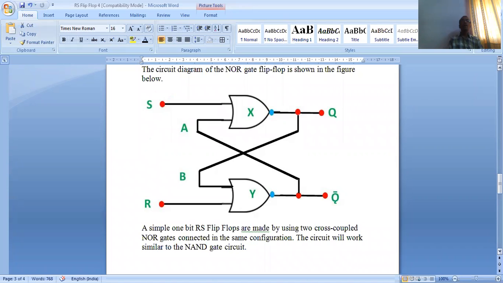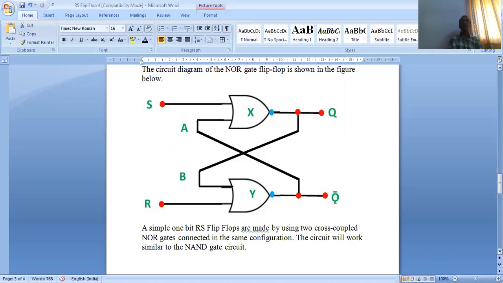This Q bar is connected as input A to the upper NOR gate X. Therefore, the second input of the upper NOR gate X is 0, and S equal to 1, A equal to 0, 1 plus 0.